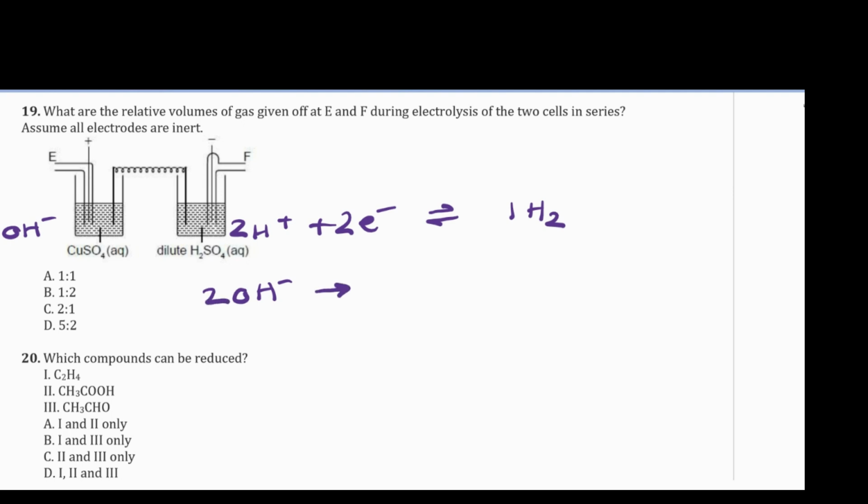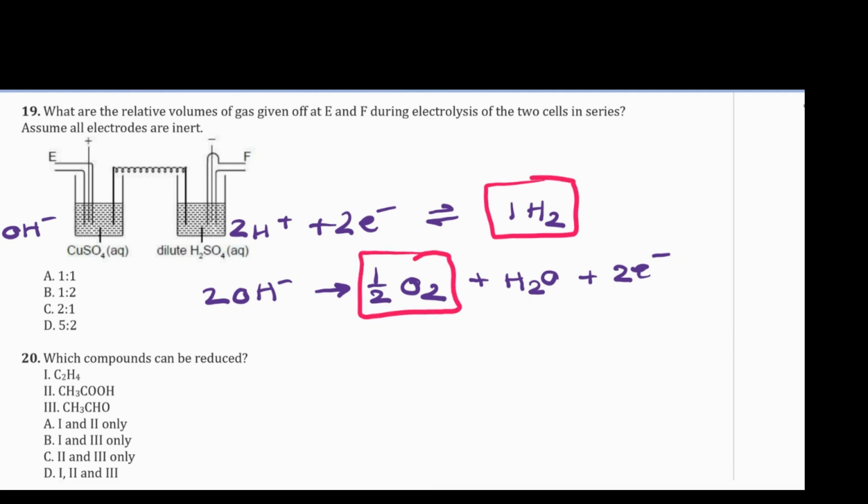We've just had that in the previous question: half O2 plus H2O plus 2 electrons. Looking at the ratio of gas, we have 1 molecule, half a molecule. This is F, this is E. The ratio is written as E to F. So 0.5 to 1, which will be the same as 1 to 2. So that will be B.